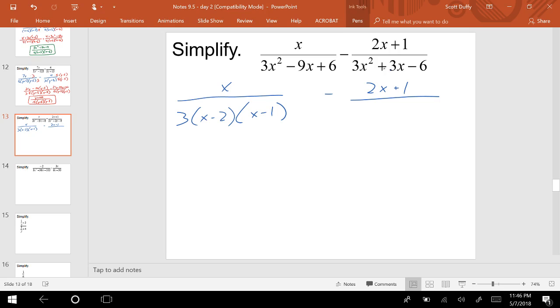The bottom of the right you can factor out a 3, so you're going to be left with 3 times x squared plus x minus 2.